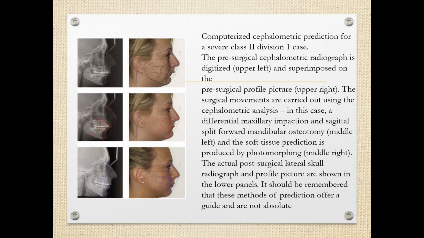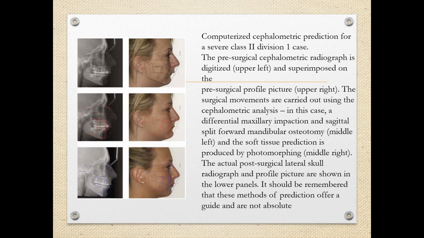Computer prediction programs allow the process to be carried out electronically, which theoretically should produce more accurate profile prediction, although this is not necessarily the case.